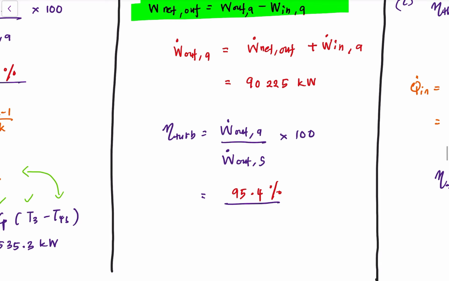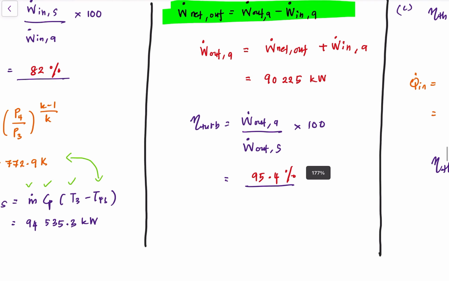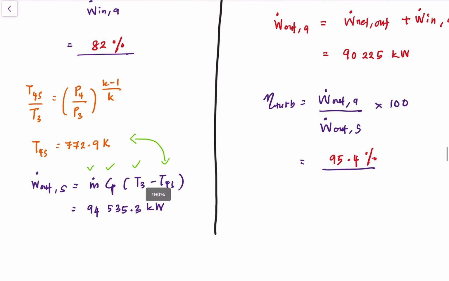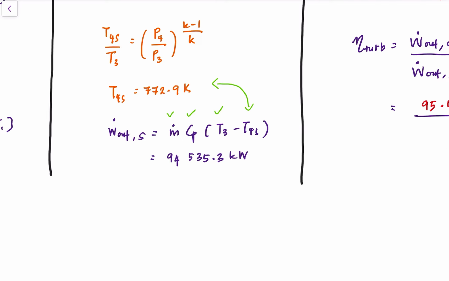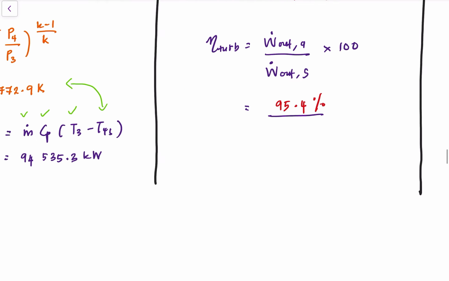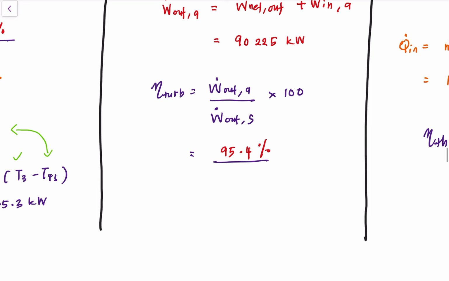So from there we already have the actual power output, and we have the ideal power output that have been calculated previously. Now you can determine the isentropic efficiency of the turbine. So please do remember, please look at your appendix also.